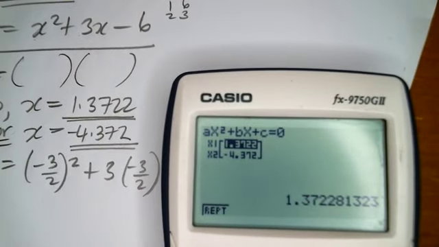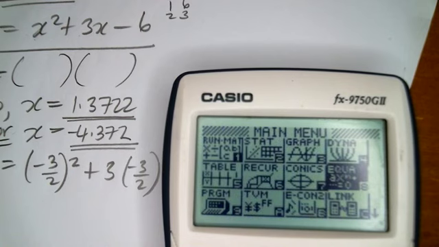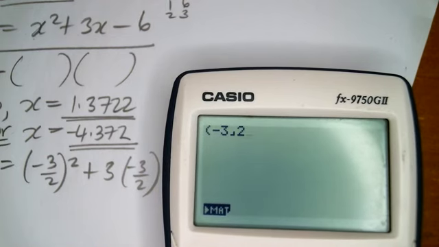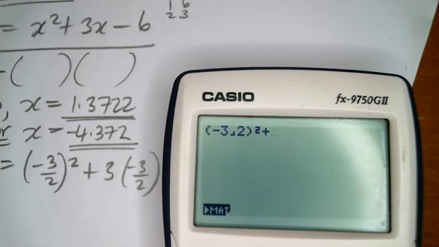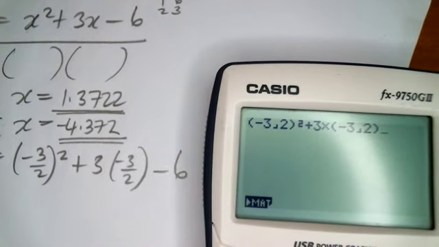I'm not going to mess around too much here. So exit, menu, exit. I'm going to go to 1 and enter this straight away: bracket negative 3 on 2 all squared plus 3 times negative 3 on 2, close bracket, and minus 6 on the end there.